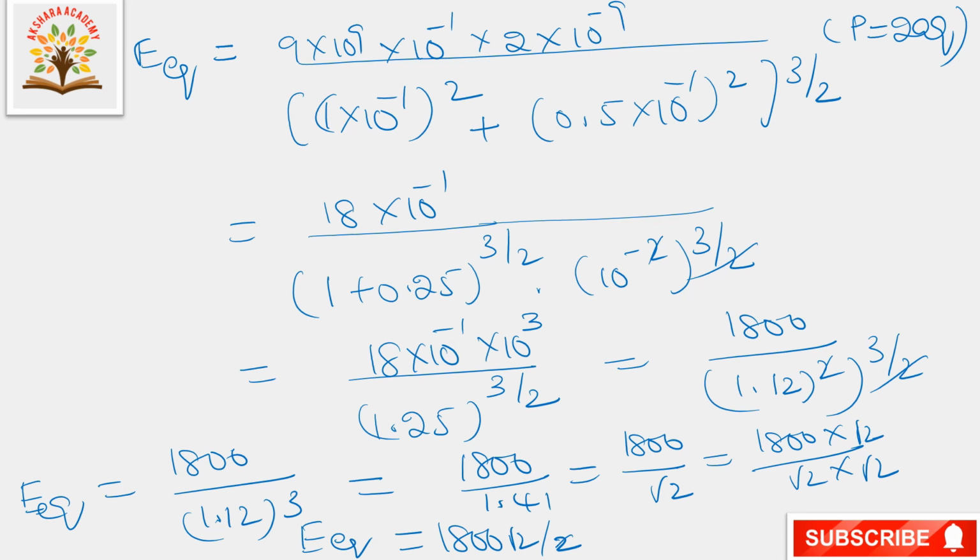So 2 ones are 2, 9 is 900. So finally electric field is equal to 900 root 2 Newton per coulomb. Okay, 900 into root 2. Next we'll go to the next question.